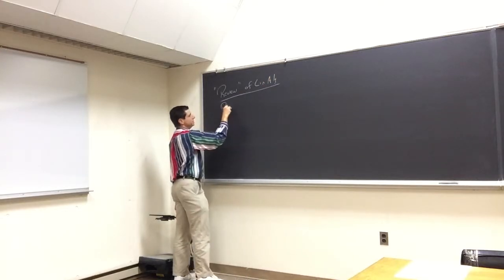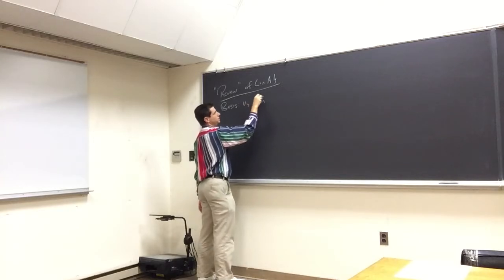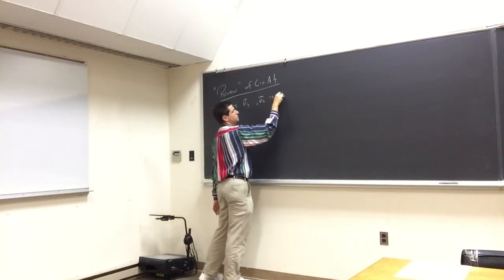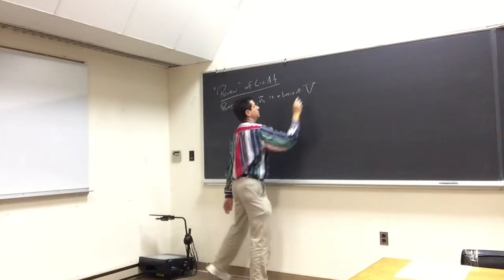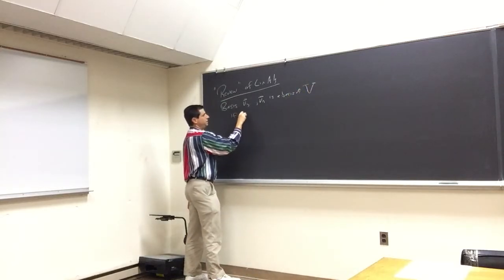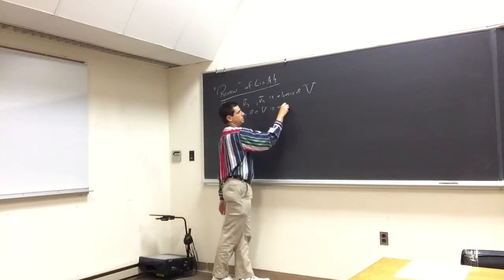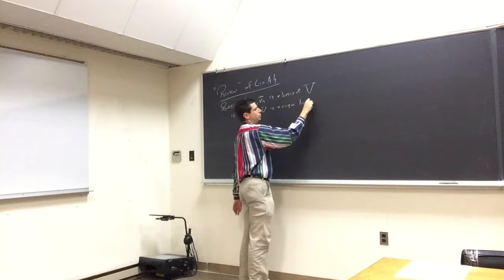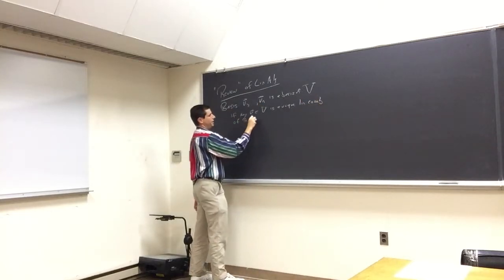So the main thing we need is a basis. So v1, ..., vn is a basis of some space V if any v in V is a unique linear combination of the vi's.